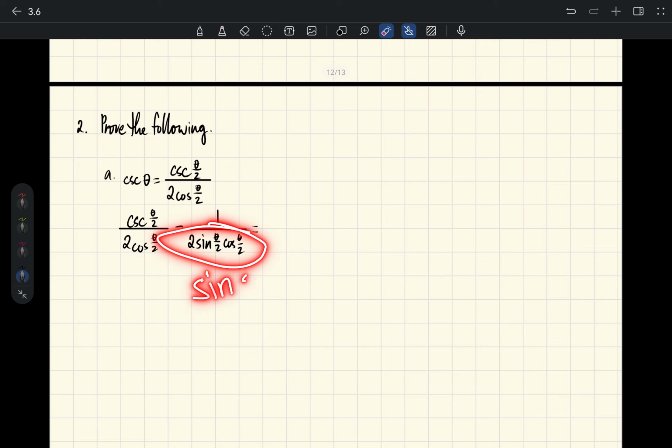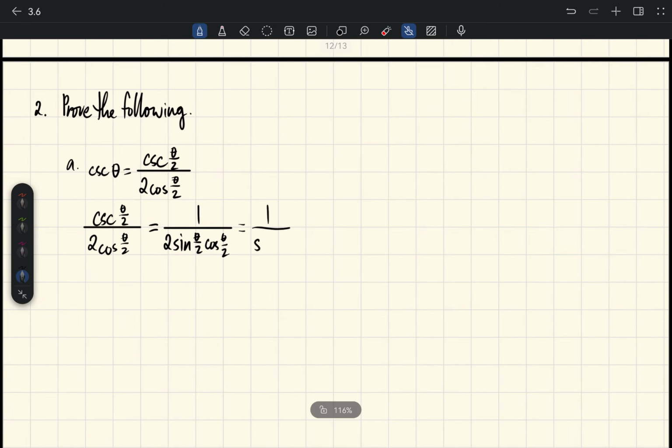So that's just sine of 2 times theta over 2, which is sine theta. So you get here 1 over sine theta, which finally would give you cosecant theta.